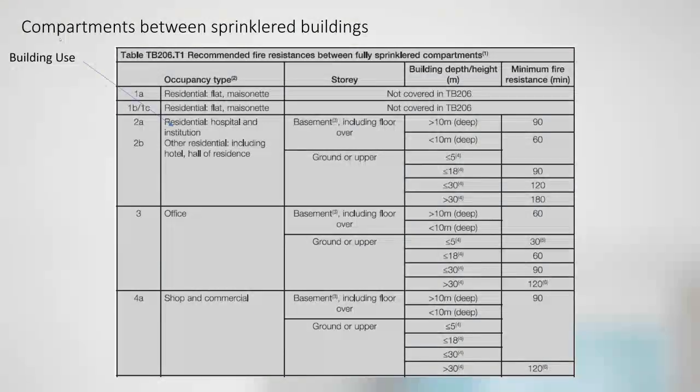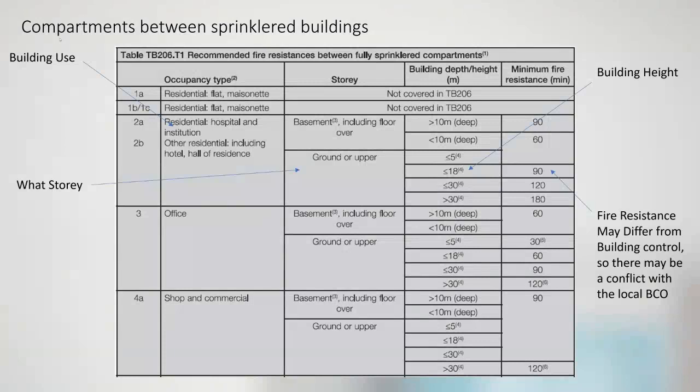So for instance, if we've got a residential, hospital or institution, on the ground floor or upper floor, up to and including 18 metres high, I will need a fire resistance of 90 minutes between two sprinklered areas. That's what it says, that's what the sprinkler engineer will look for.